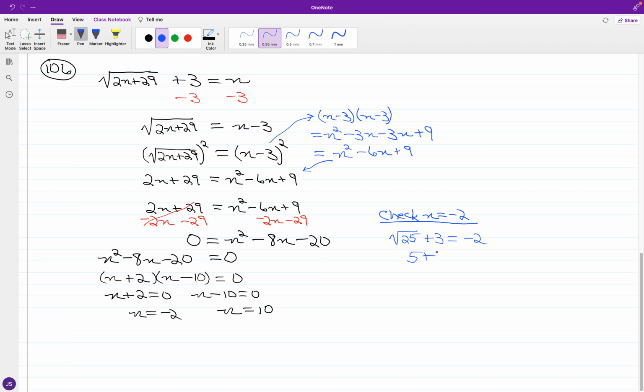Following through, the square root of 25 is 5, and 5 plus 3 is 8, which I have on the left, and we have a mismatch here because 8 is not equal to -2. So we're back to an extraneous value.